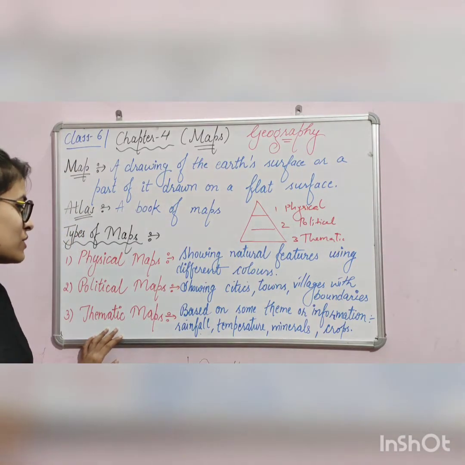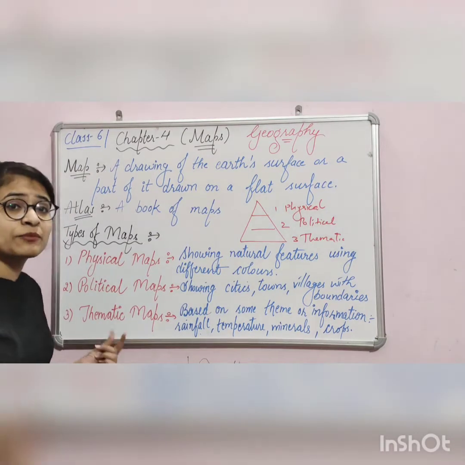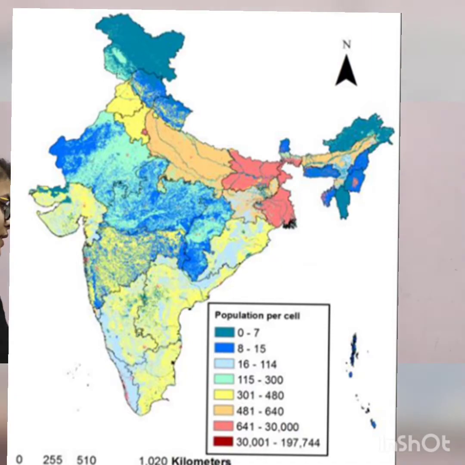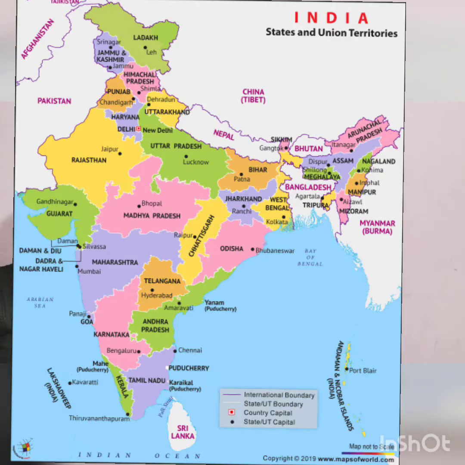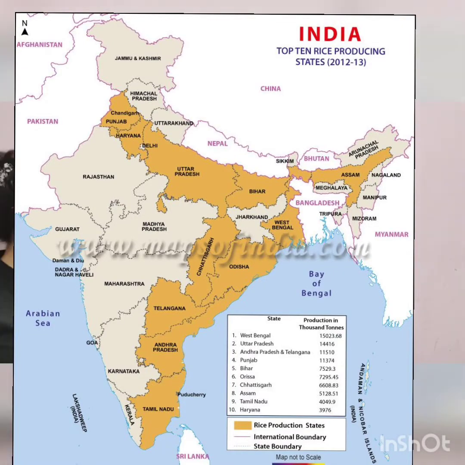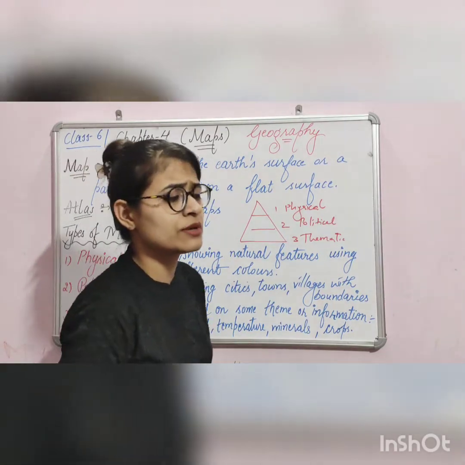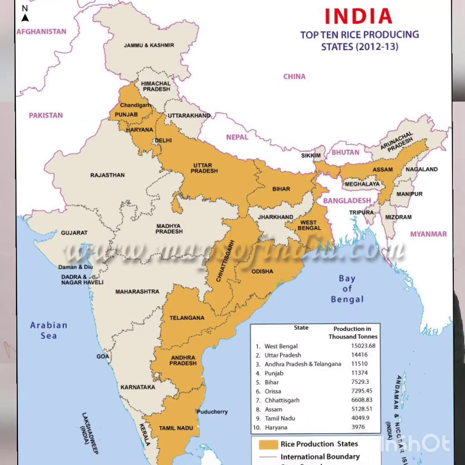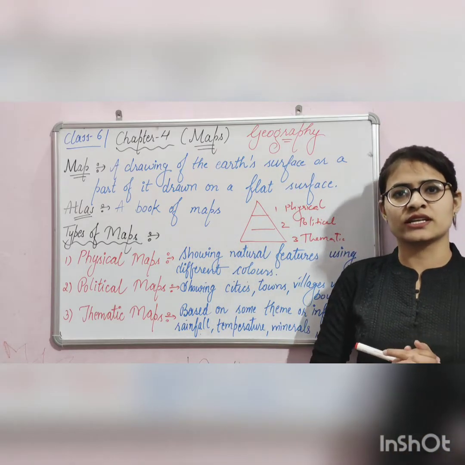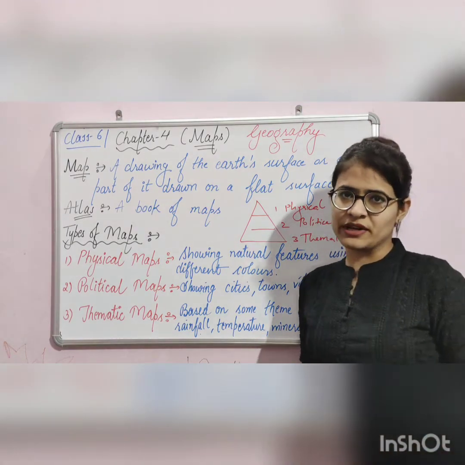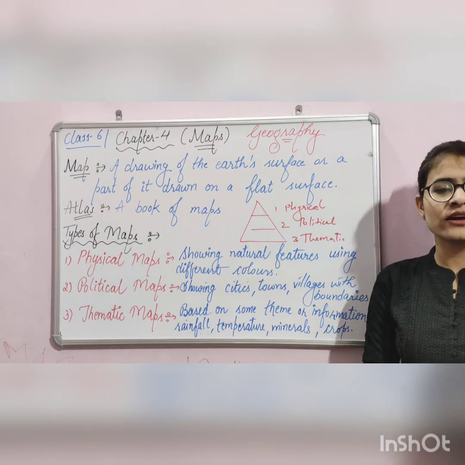Thematic maps are those which are based on some information or some theme. Like we can talk about rainfall: the areas which receive the highest rainfall in our country we can show on these maps. Also temperature, minerals, and crops, like which are the most rice producing states in our country. They will all be shown on thematic maps, so they will be called thematic maps.